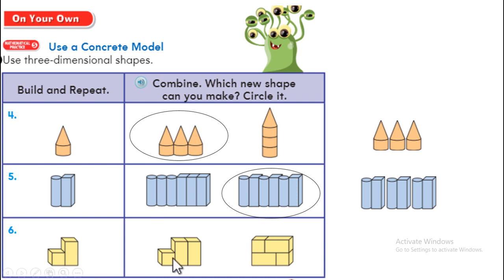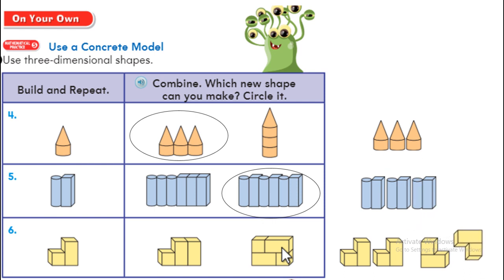This is not my shape. Maybe this one. I'm going to think about it. I'm going to repeat and put them next to each other. I don't have this shape. Okay. I can flip one of them and put the other one on the top. What do you think? Yeah, much like it. This shape, when you stack them together, they will look like this one. So circle it.